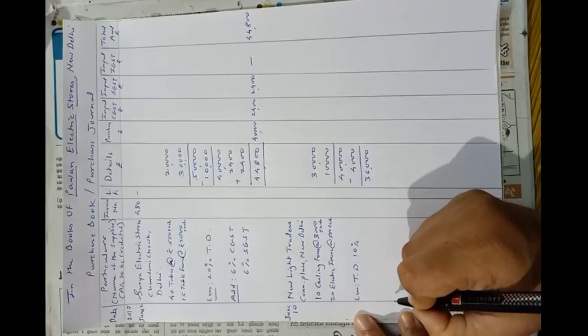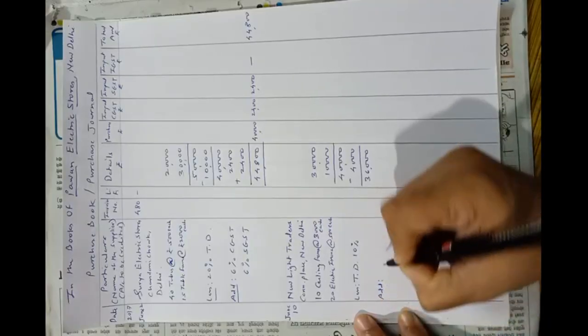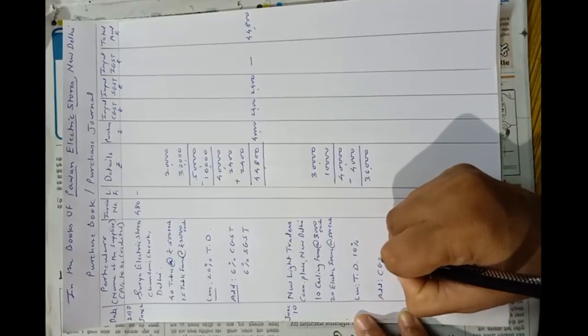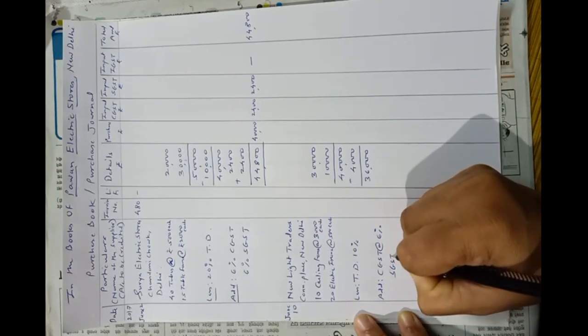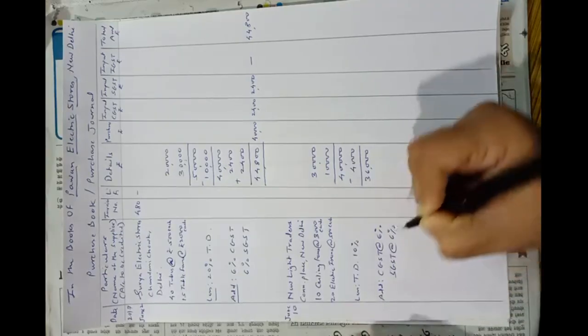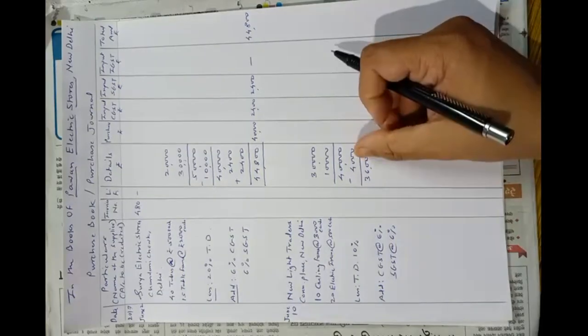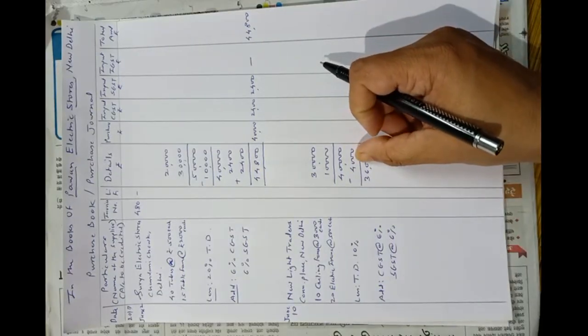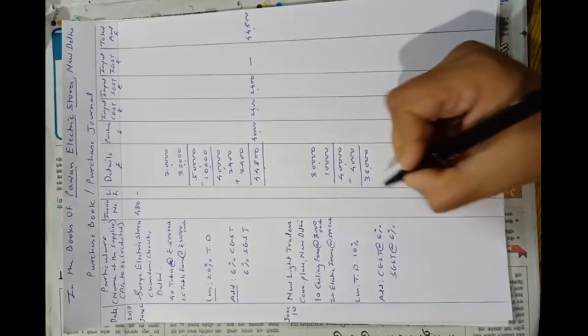Okay, and now we have to add CGST and SGST. So add CGST at 6%, SGST at 6%. Okay, so 6% of 36,000. 1% is 360 into 6, so it is 2,160.